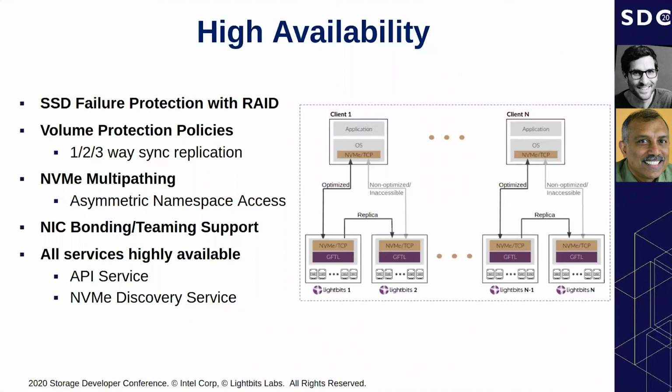All the awareness comes through NVMe in-band events that notify ANA state changes, which means the host will now choose different IO paths to access its capacity. Also, network failover with link bonding or teaming is obviously supported and used in the field. And all the auxiliary services, like an API service or the NVMe discovery service, are highly available as well.